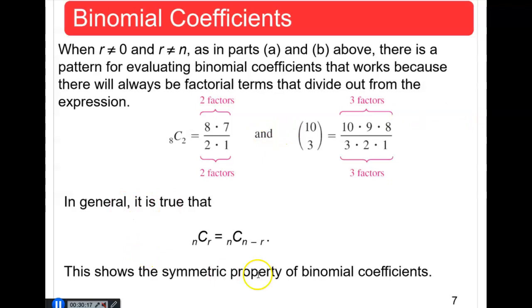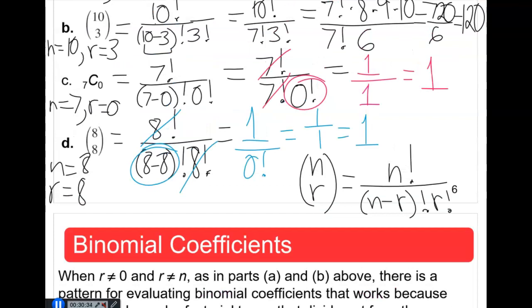So to show the symmetric property of binomial coefficients, we could consider whenever r does not equal 0 and is not equal to n. Remember, we already proved when they're equal and when r is 0 with the previous two.